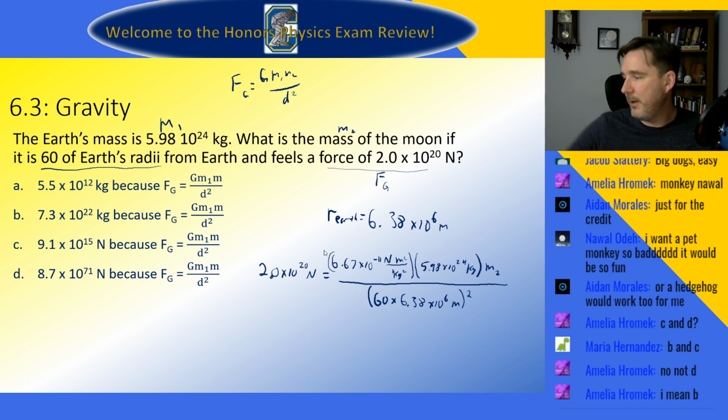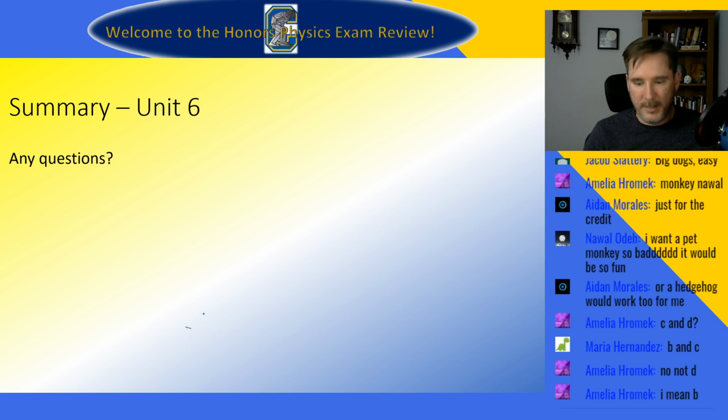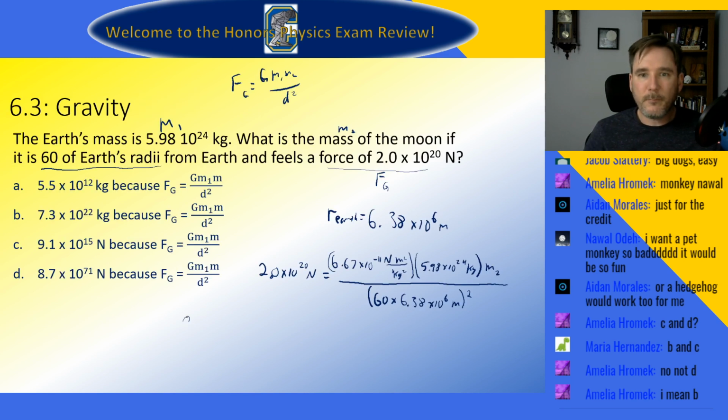So now I need my calculator again. When I multiply both sides by that, I end up with 2.9, and I'll round at the end, times 10 to the 37th, newton meters squared.